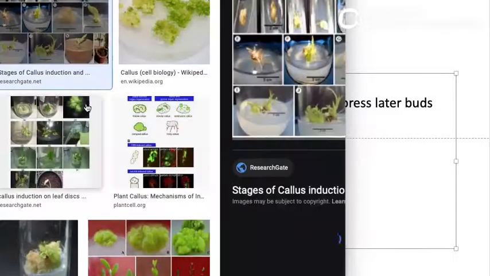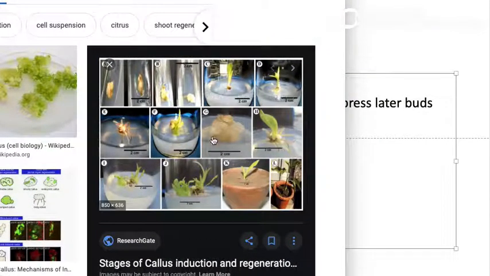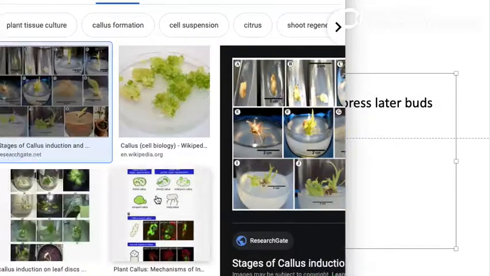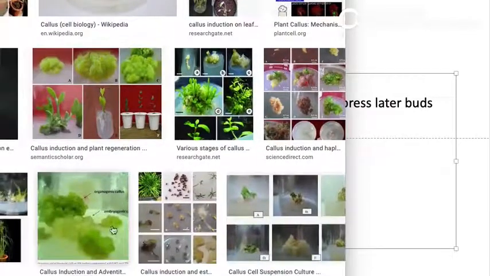In the laboratory, callus is a mass of undifferentiated cells. You can see here, callus is just a mass of cells that have not differentiated into anything. They have not formed the leaves or the stem or the xylem and the phloem.